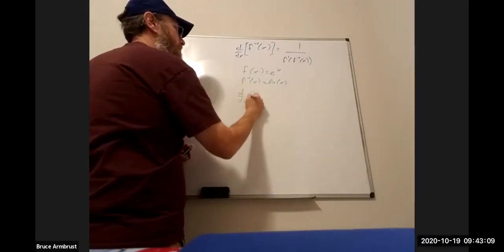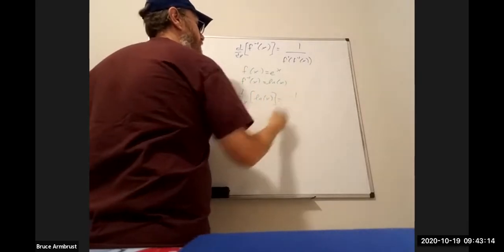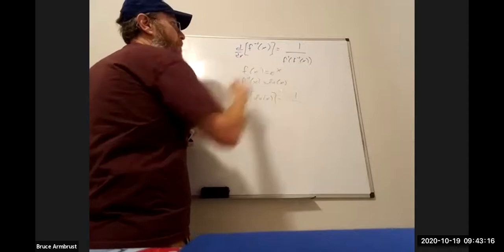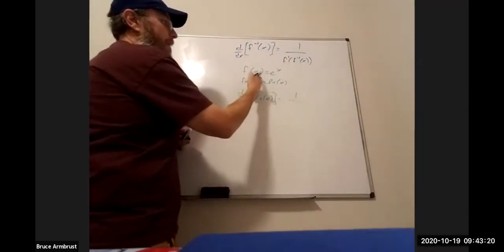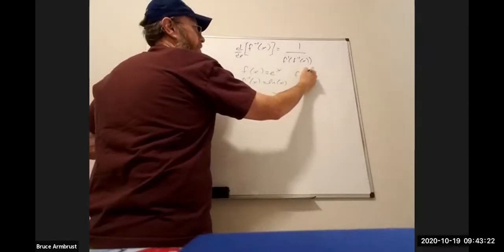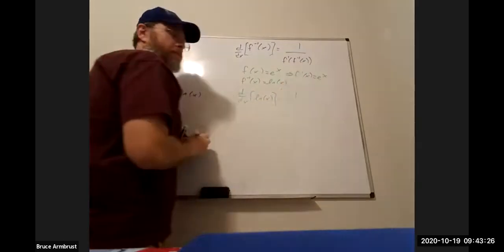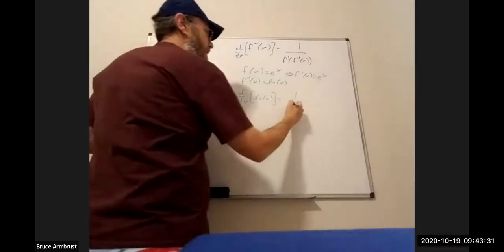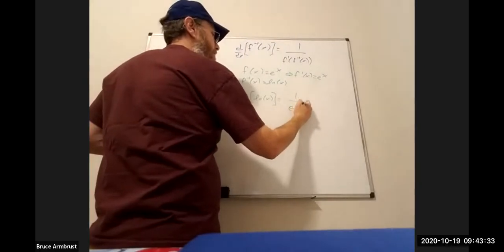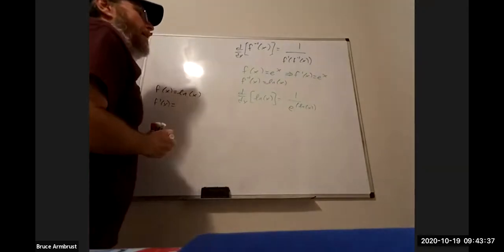The derivative of the natural log, it's going to be 1 over f prime evaluated at f inverse? Well, if f is e to the x, then f prime is e to the x. We know e to the x is its own derivative. So we're going to take e to the x and we're going to evaluate it at f inverse.